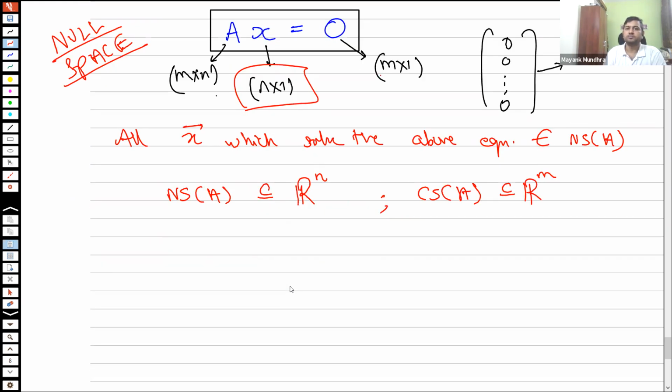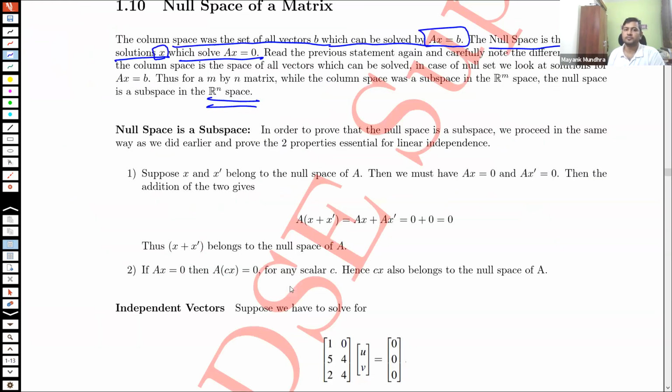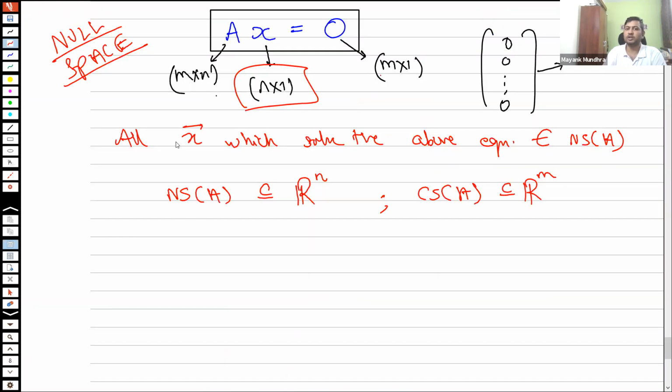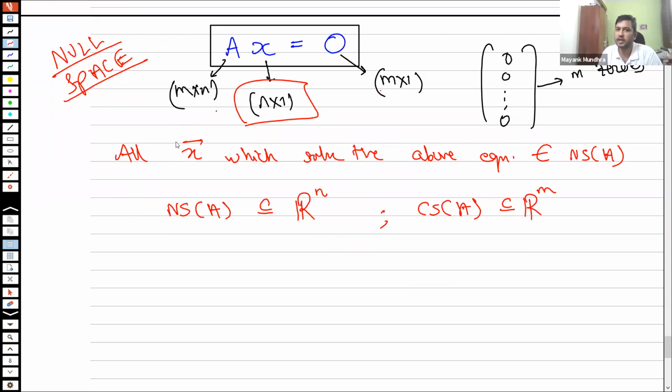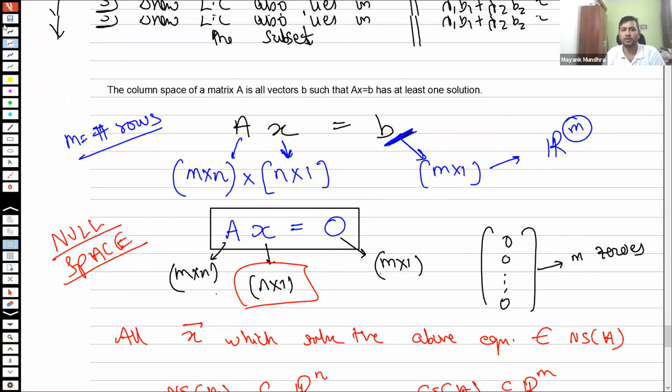Now, the null space is a subspace. So this is what I want you guys to do using the algorithm which I had told you about.